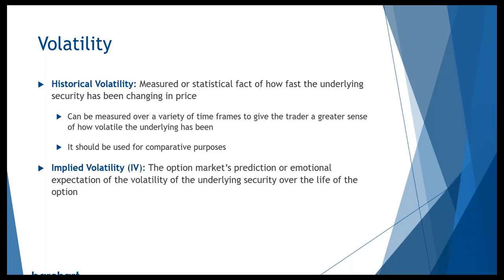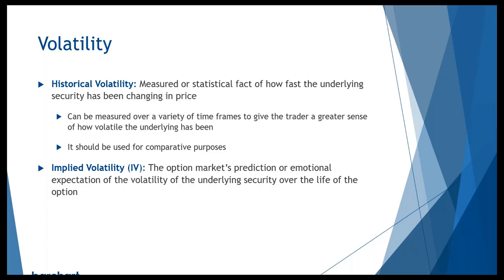Implied volatility is the market's prediction, that emotional value. As more buyers come into the market, that will increase volatility. As sellers come in selling options, that will decrease volatility.